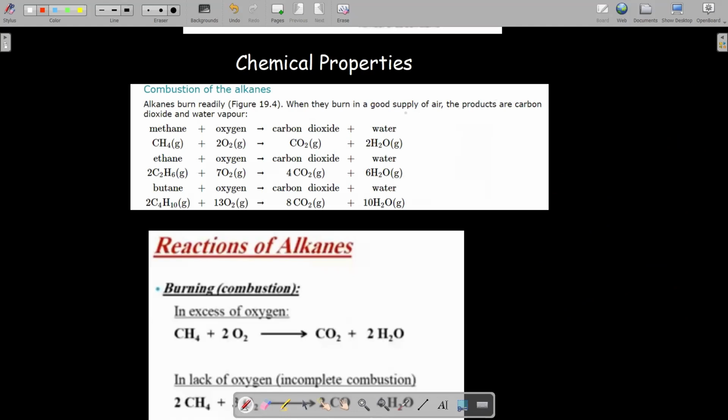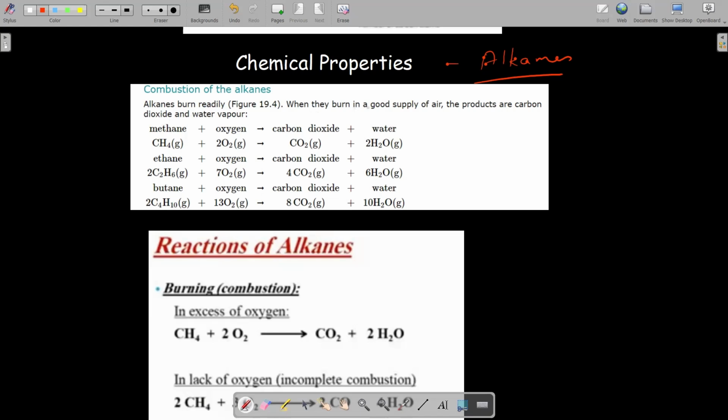Remember, compounds belonging to the same homologous series have the same kind of chemical properties. So let's look into the chemical properties of alkanes. The first thing we will talk about is combustion of alkanes. Alkanes burn readily.